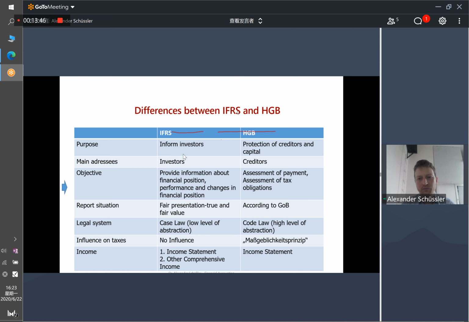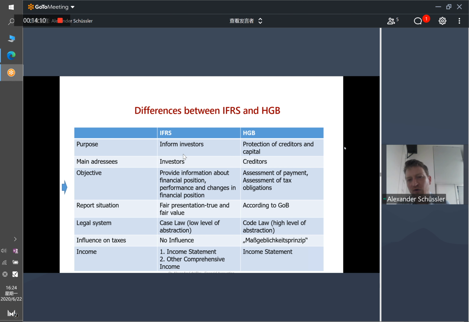Here we see the differences between IFRS and HGB. HGB is the old German standards. Yeah, and there is a difference between IFRS and HGB.